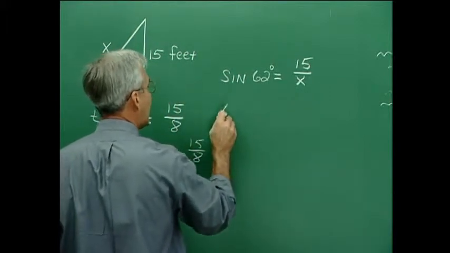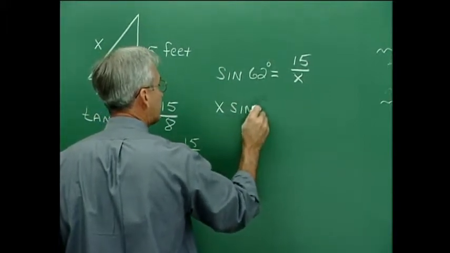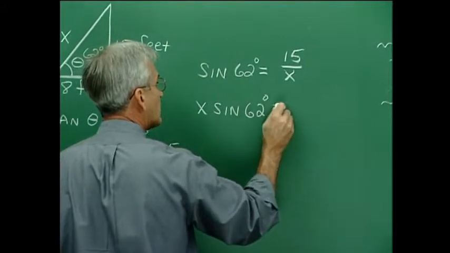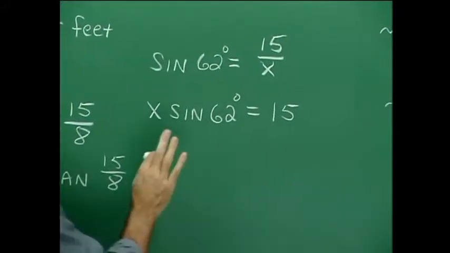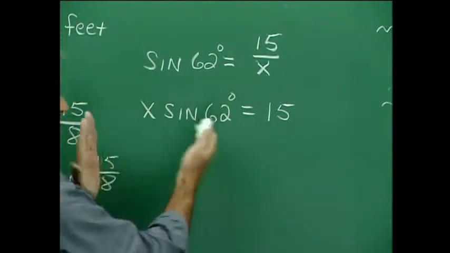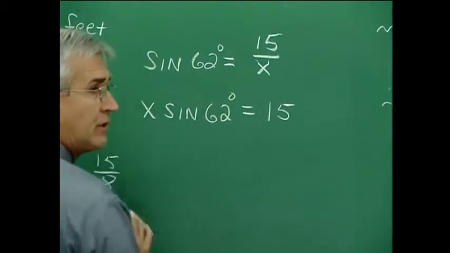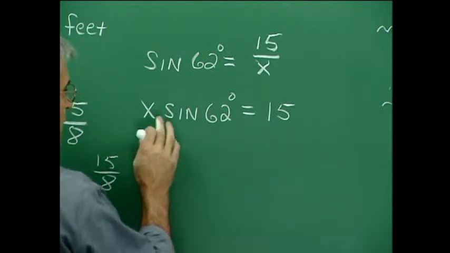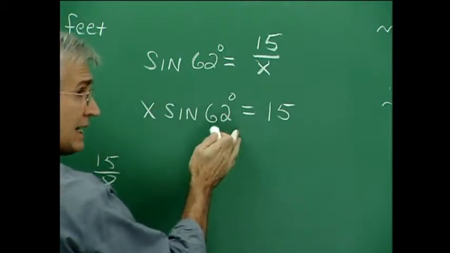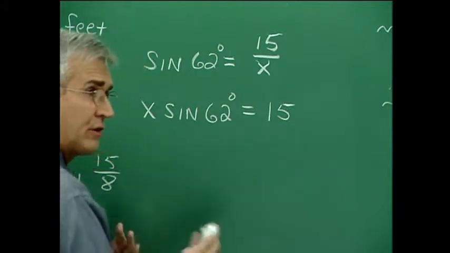On the left I would have x sine 62 degrees equals 15. Now I'm writing the left side factors as x sine 62 degrees, and I caution you about that. There's a tendency sometimes to write the x factor on the other side, and if you do, you pretty much have to introduce a parenthesis.